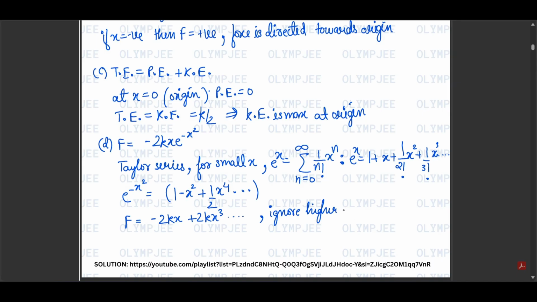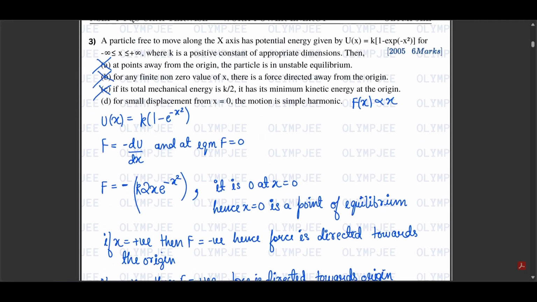So ignoring higher order terms, we get that force can be approximated as minus 2kx, which implies that force is directly proportional to x, which implies that the motion is SHM. And we can also find the angular frequency, so it will be 2k by m. So option D is correct here.